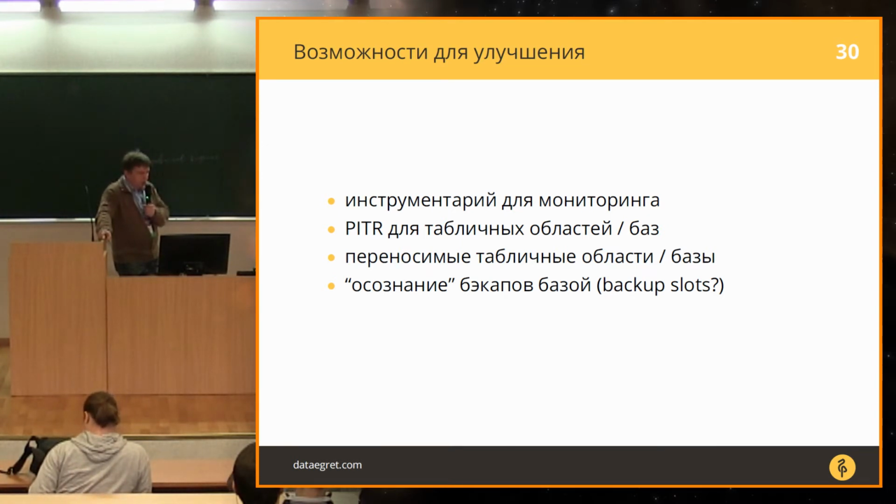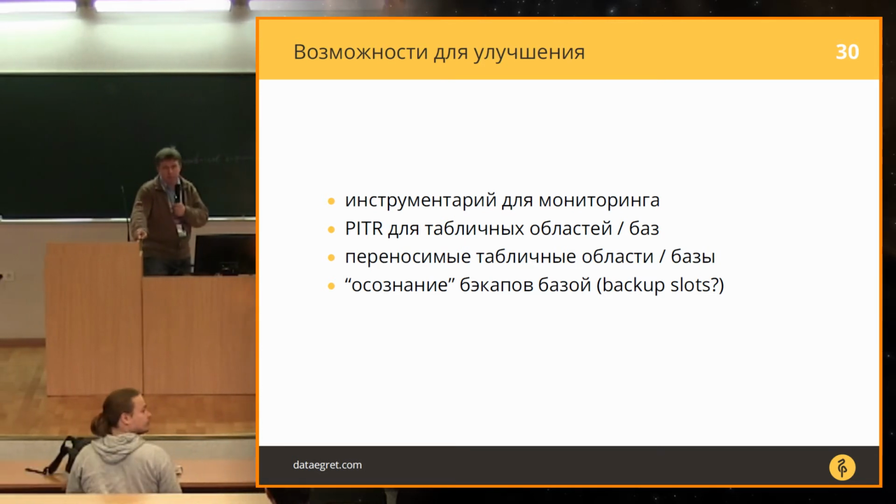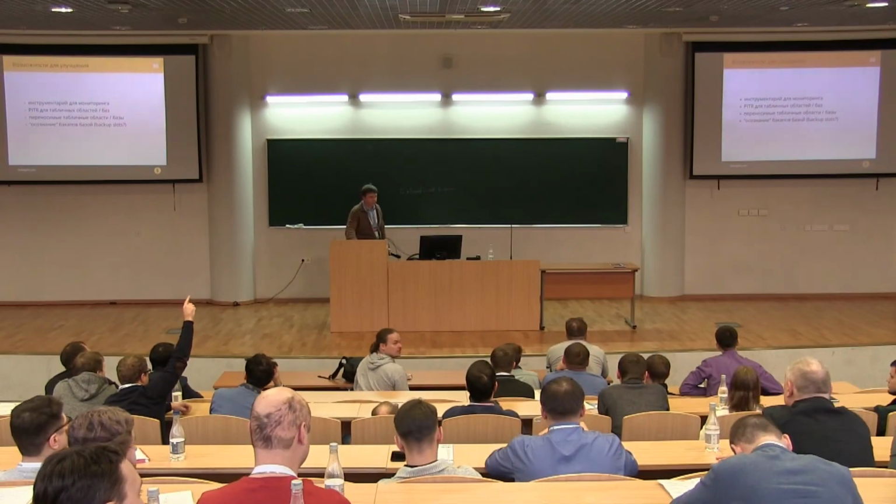I also want to have point-in-time recovery for tablespaces and databases, so that a database may be removed from the cluster and placed in a different place. And I also want the database to realize that it is being backed up. Maybe provide backup slots. In that case, we'll be able to conduct incremental backups, and the work of system administrators will be much easier. If you have any questions, I will be very glad to answer them.